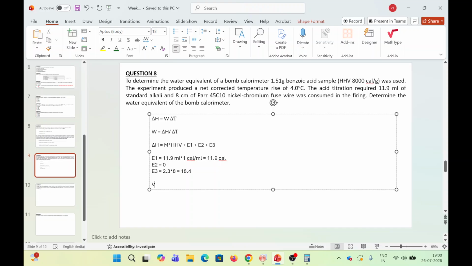So the water equivalent is going to be HHV, 8,000 calorie per gram, times 1.51, plus 11.9, plus 18.4, divided by delta T, which is 4. So how much is this value?